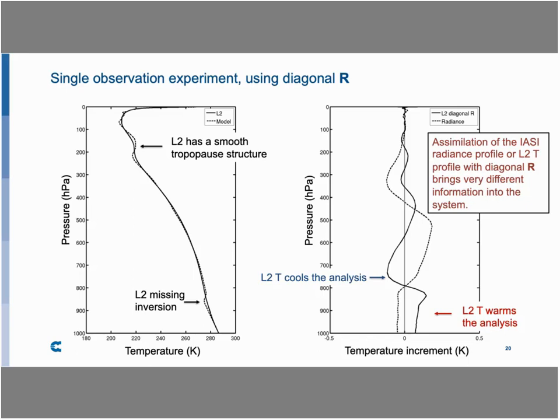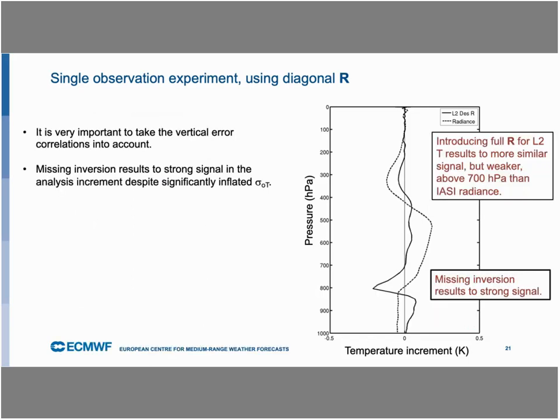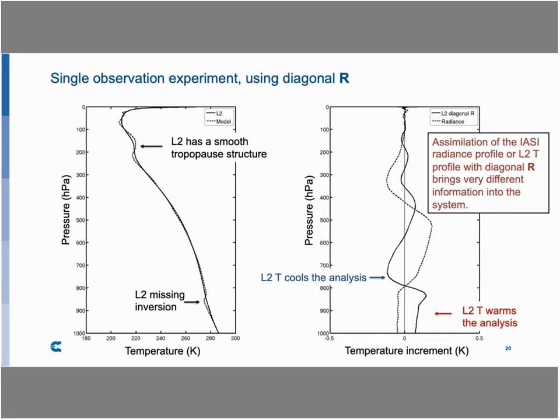So the missing inversion is having a really strong signal in the assimilation and resulting in these large temperature increments, which are opposite to the assimilation of the radiance profile. And this was done using a diagonal R matrix, so it was only taking into account the observation errors, but not including the observation error correlations.